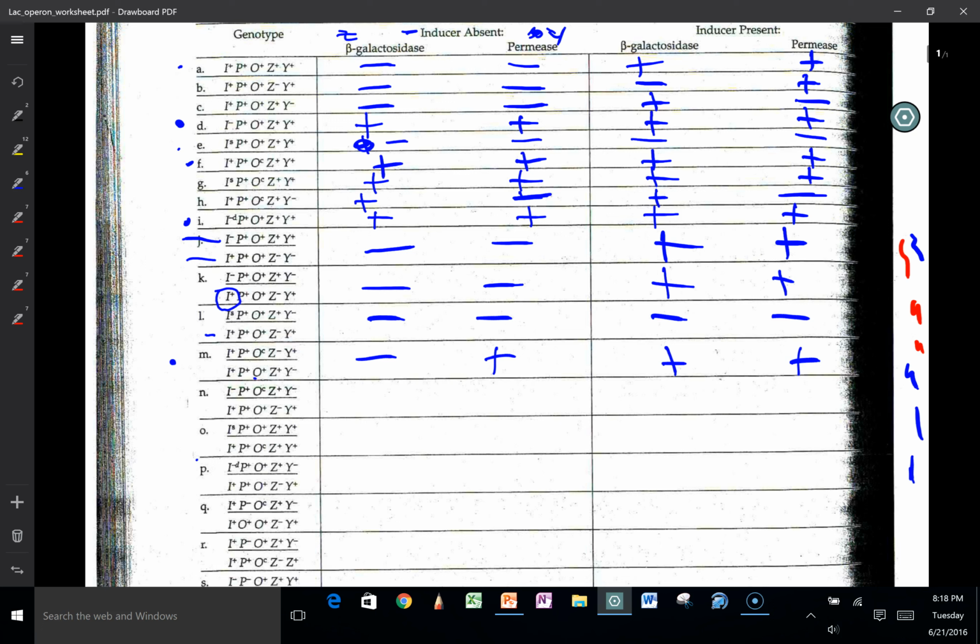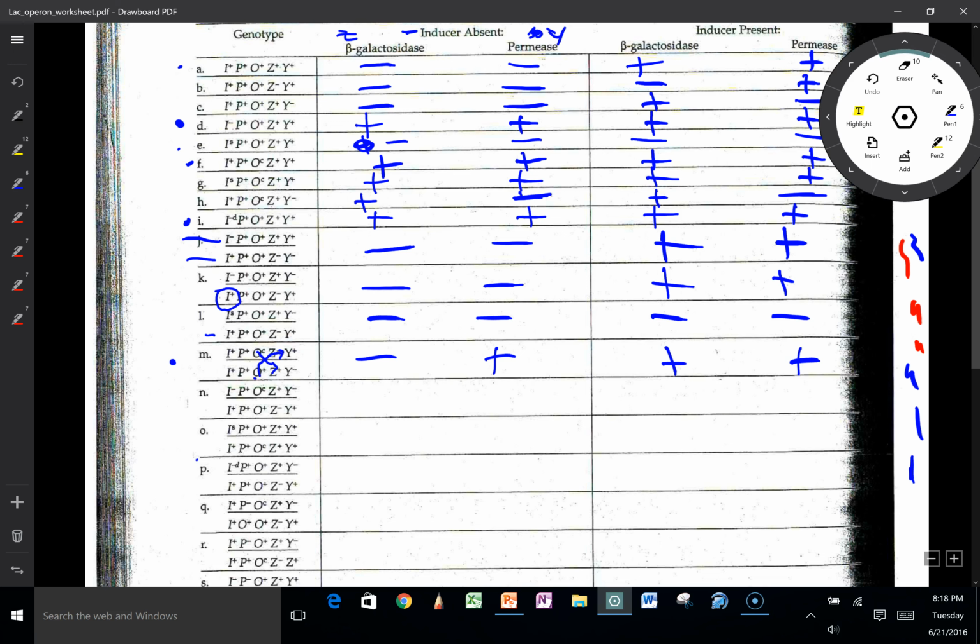Crossing over is not the best word, but O plus does not act in trans. It does not come up here and affect y plus, and OC does not affect z plus, because they act in cis.